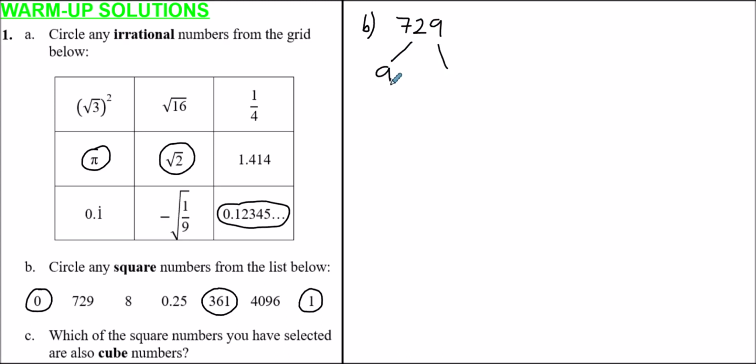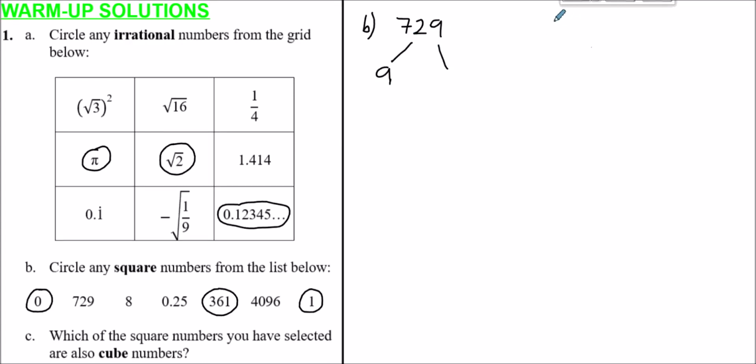You might be thinking, well, if it's a calculator exam, why do this? It's just to get you warmed into the year still, really. So how many 9's in 729? Well, we could work this out with the good old-fashioned bus stop method. If we write down 9 on the outside and 729 on the inside.